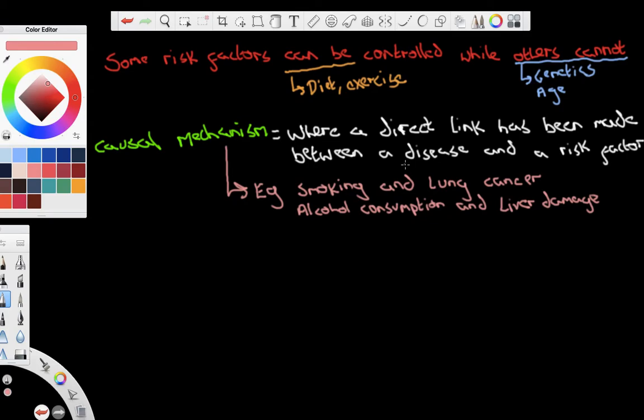So there's only certain things we can say this about. So we can write underneath here, that not all factors are causal mechanisms.